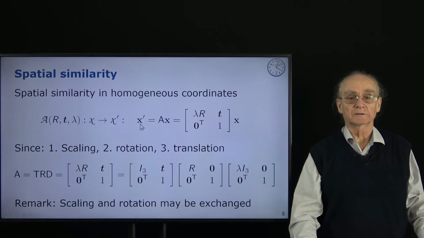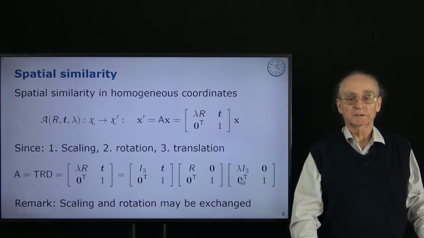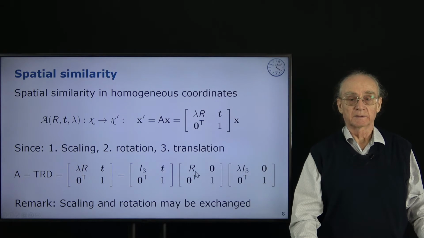This is a 4 vector, this is a 4 vector, so we have here a 4 by 4 matrix A. This matrix can be understood as first performing a scaling, then a rotation. This gives us lambda times R, and then a translation, which gives us this expression. And of course, we could exchange the scaling and the rotation. This would make no difference.